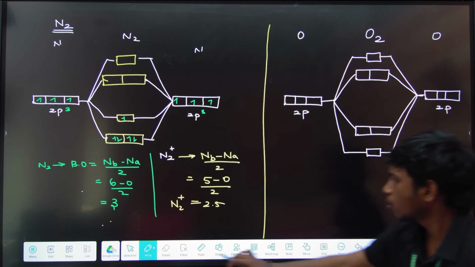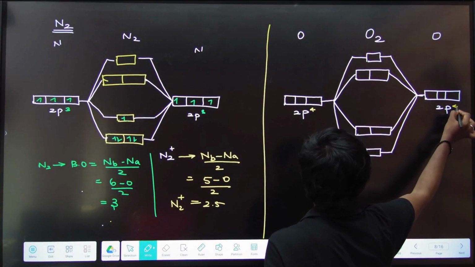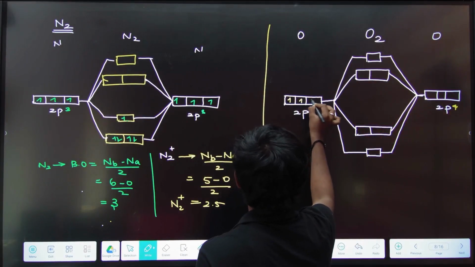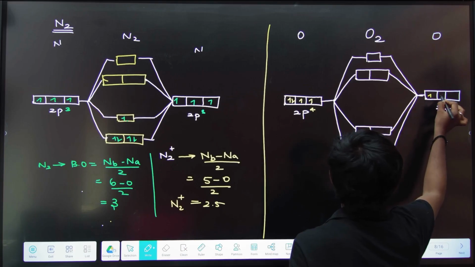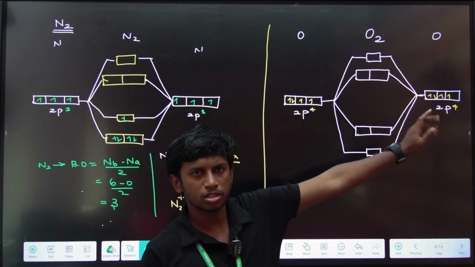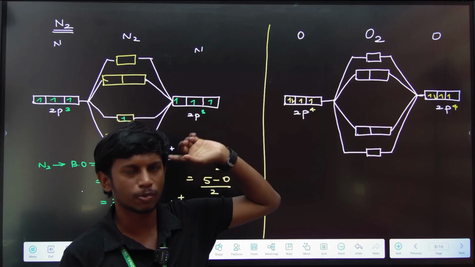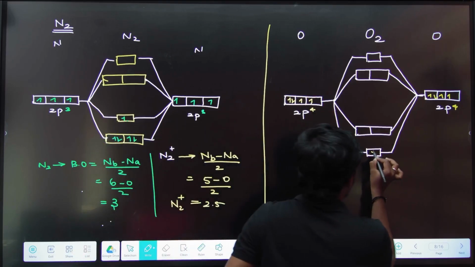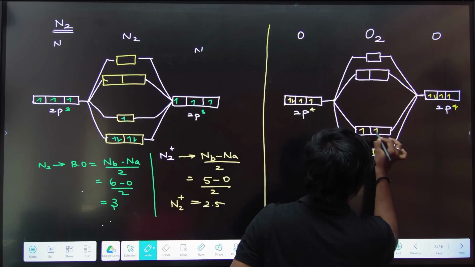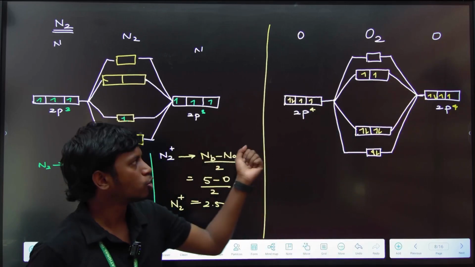Fine. So oxygen has 2p electrons, it is 2p4, here also 2p4. So there are 4 electrons each, 1 2 3 4, 1 2 3 4. Both atomic orbitals possess 4 electrons each. When the two combine, 8 electrons must be present in the molecule. We fill 1 2 3 4 5 6 7 8 electrons.